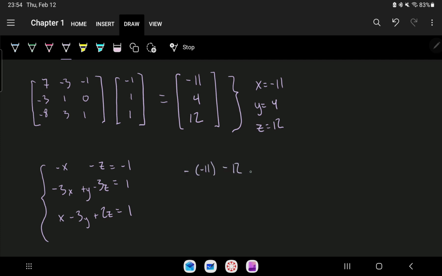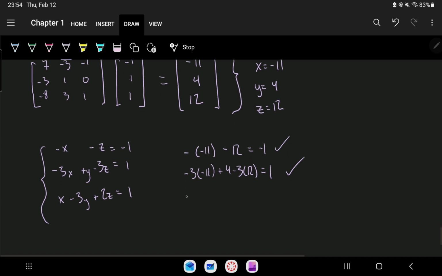-11 minus 12, does that equal -1? It certainly does. We have a -3 times -11 plus 4 minus 3 times 12 is 1. It's going to be 33 plus 4, which is 37, minus 36 is certainly 1.